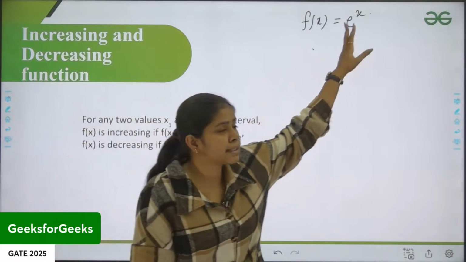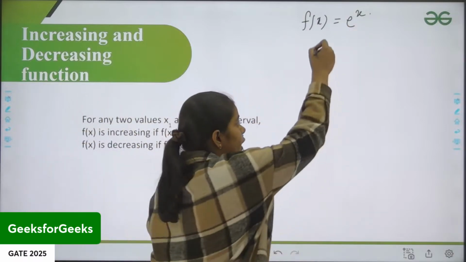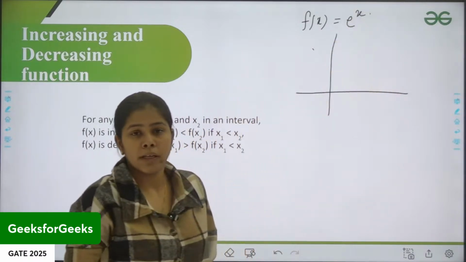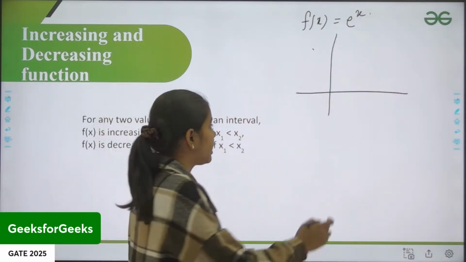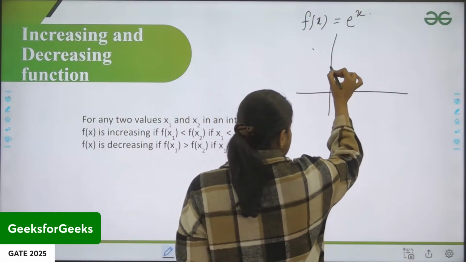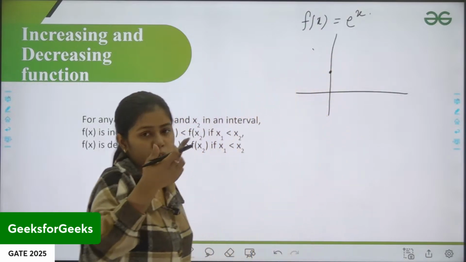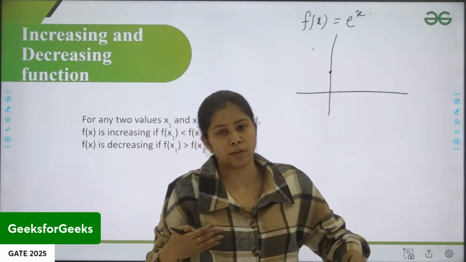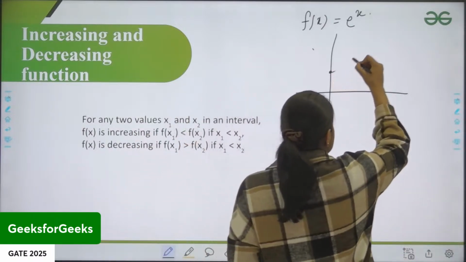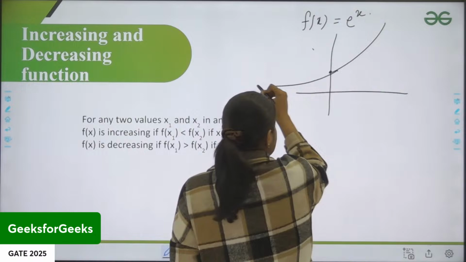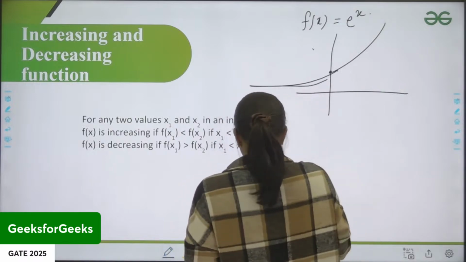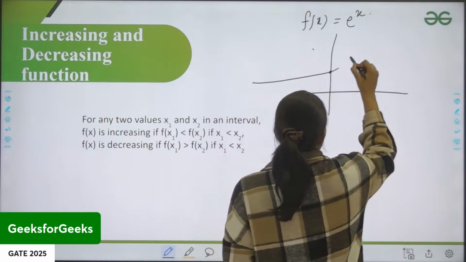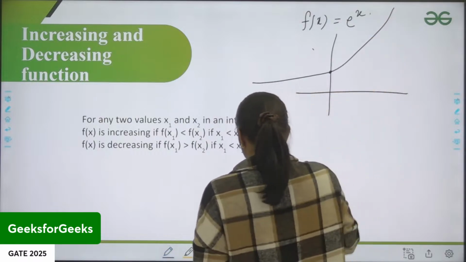So e to the power x is the exponential function, and if I draw a graph for e to the power x, when x is 0, e to the power 0 becomes 1. When x approaches infinity, if I move the values of x, my graph increases.